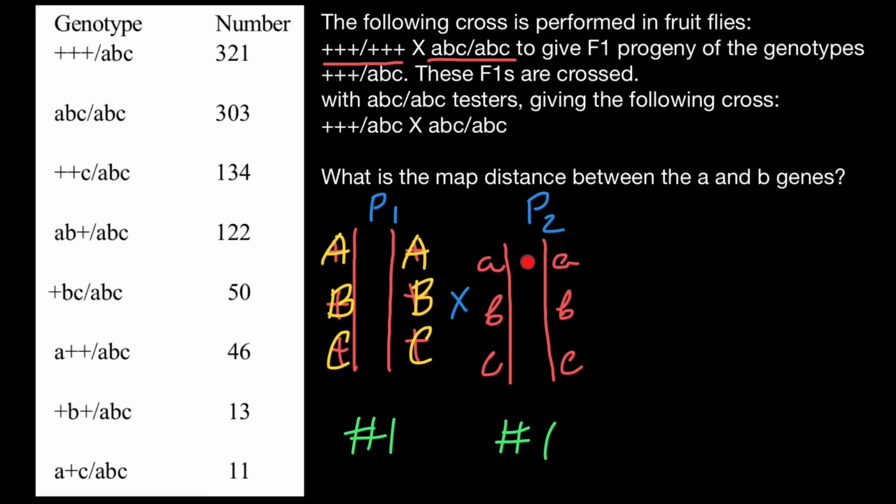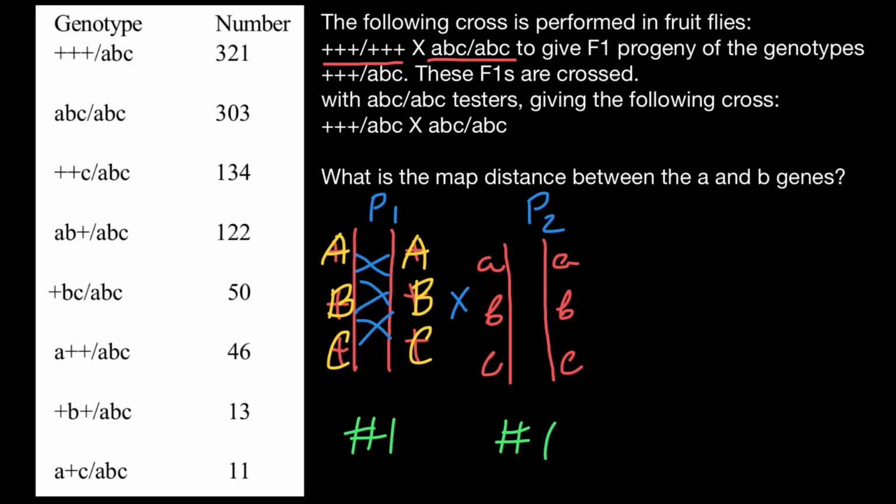And of course, what can we get as a result of such a cross? Even if crossing over happens in any of these places, we are still going to get a chromosome with dominant allele A, dominant B, and dominant C. Let's say crossover happens here. We still get one chromosome with capital A, capital B, capital C, and another with capital A, capital B, capital C. So crossing over here is not going to produce new variants.